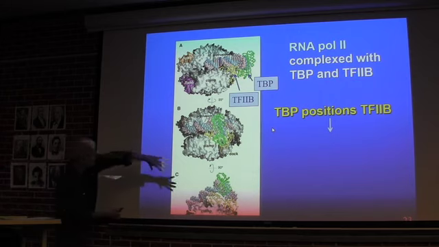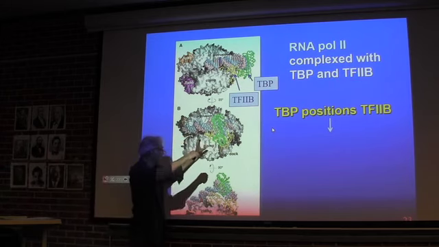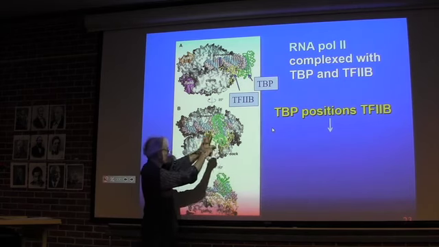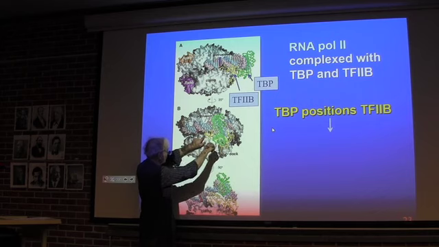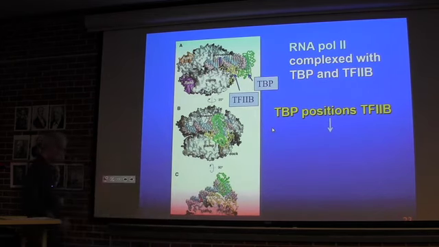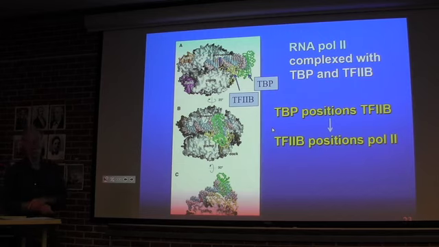If you rotate this up, you can look down on TBP in green, and then on the left stirrup, you see the globular domains of B, and then you see the N-terminus snaking down underneath the DNA into the interior. TBP positions B. B positions Pol2.